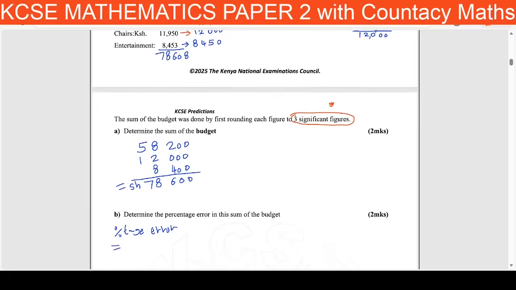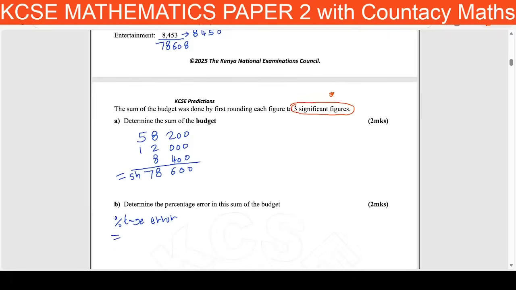So percentage error will now be the difference between the two divided by the actual multiplied by 100. What's the difference between the two? We get the difference by doing 78,608, and then we minus what we have here, which is 78,600, divided by the actual.